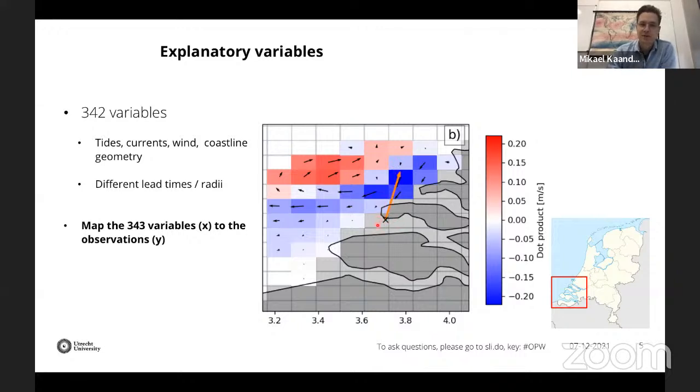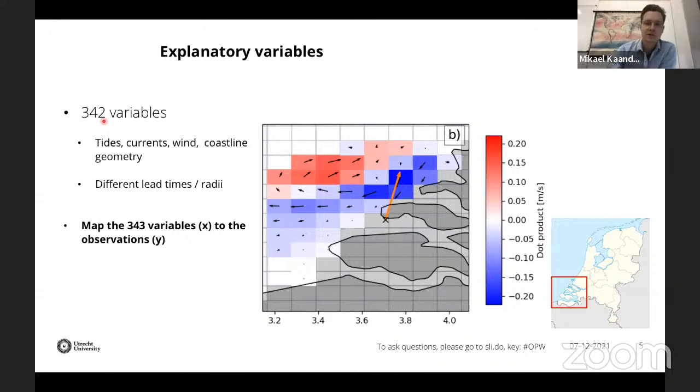Now we want to know, for example, are the currents pointing onshore or offshore? So in this case, the onshore currents would be indicated by the red arrows, and offshore components would be indicated by the blue arrows. So all this kind of information we want to feed to this machine learning algorithm, and all these different combinations lead to a total of 240 variables.